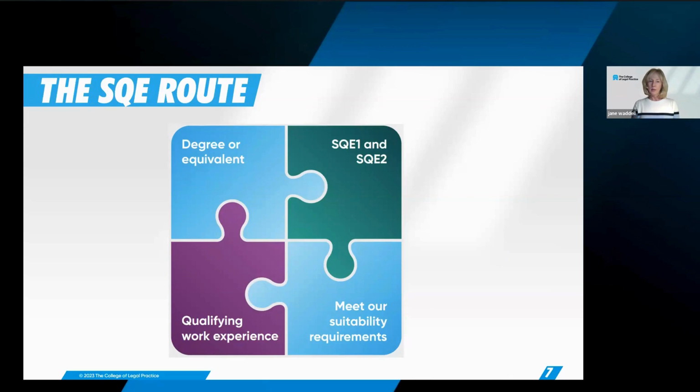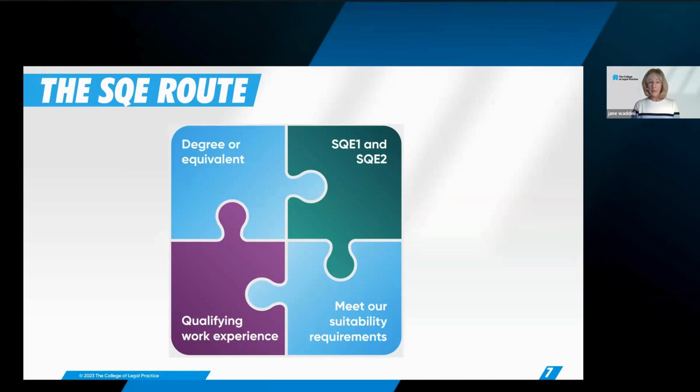The other two parts, the purple and the green bits, are interchangeable. This is where it's different from the old route. Before, you used to have to finish all your academic studies, and only then could you go out and train and learn the skills under a training contract. That's changed now. You can actually have qualifying work experience before you embark on attempting SQE1 and SQE2.